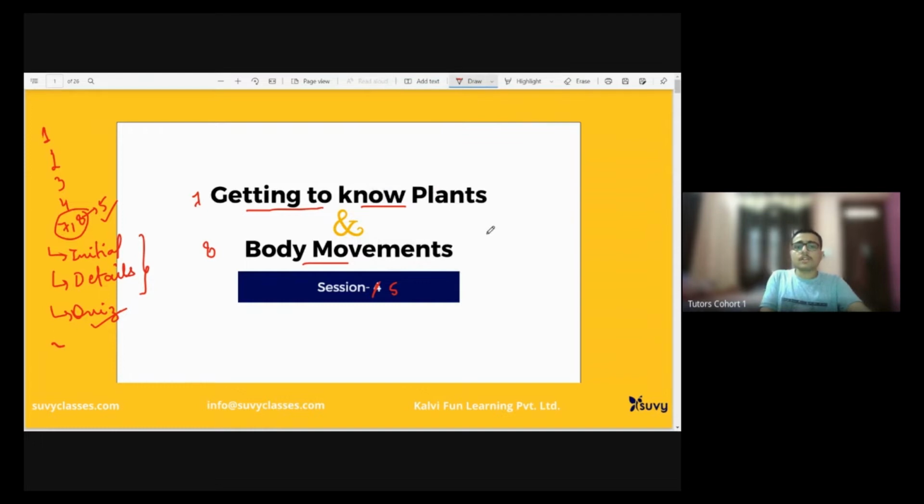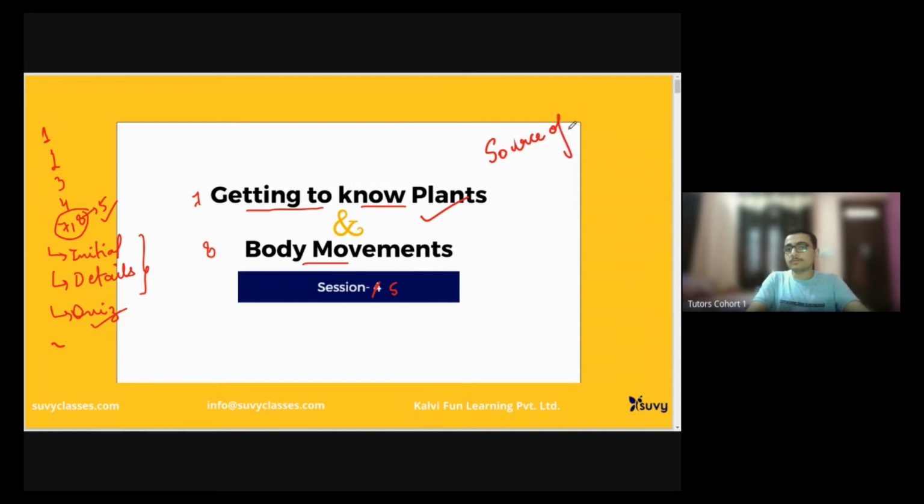So, getting to know plants. What are plants? We have studied plants previously, like how plants act as a source of food. They are a source of fiber, which is converted to fabric, and this fabric is used to make our clothes.